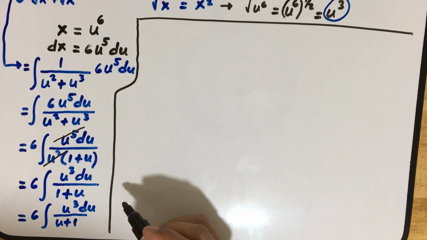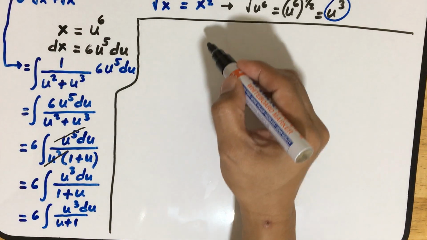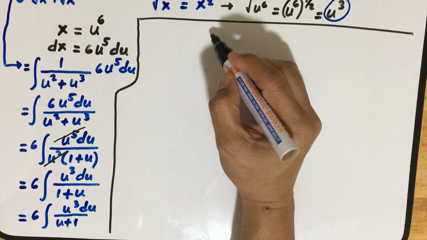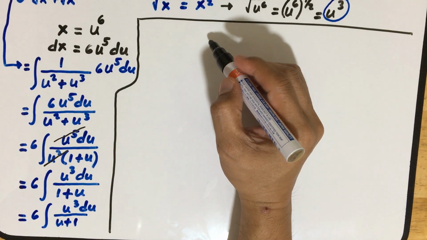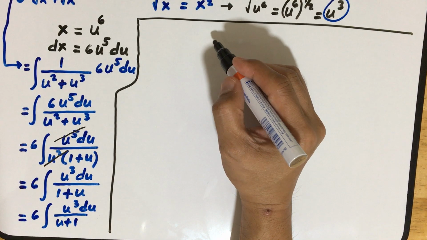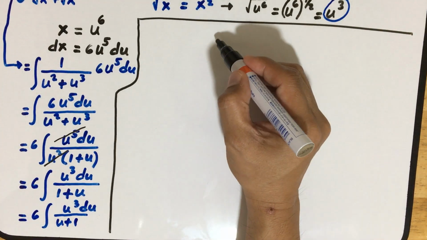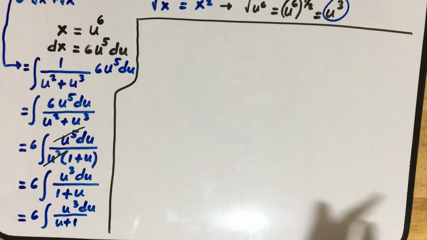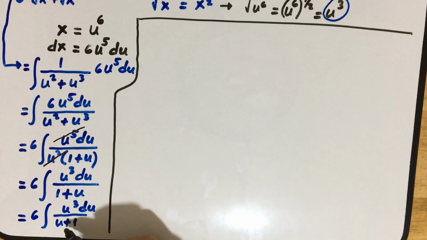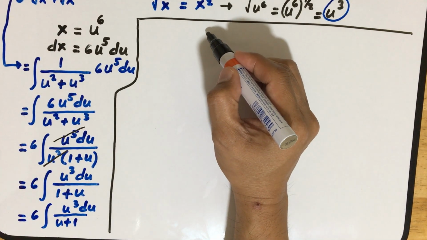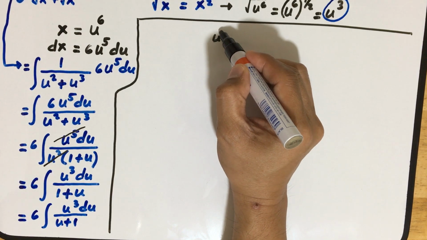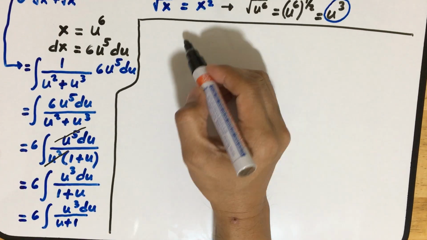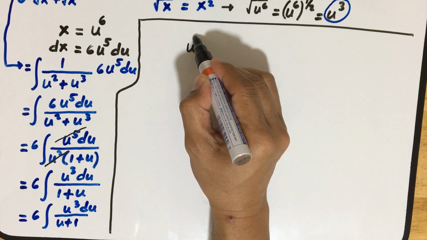So using polynomial division, I will show you how to do that here. This is a topic in algebra, or even in elementary or high school, where we have already learned how to do long division. So we have here the numerator, which is u cubed.